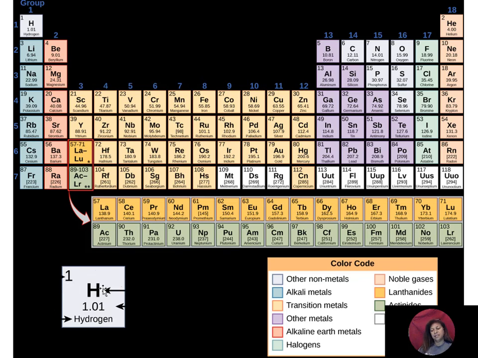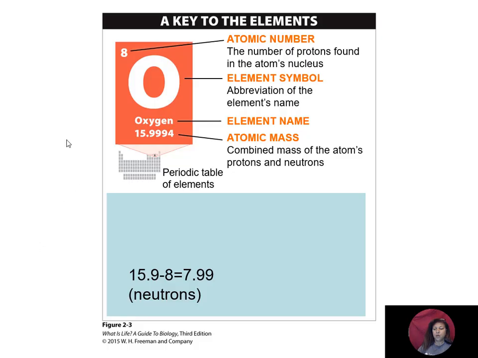It has a letter, or letters, plural, which connote the name of the element. Here, H stands for hydrogen. It has a number up here and a number down here. We're going to look at what these numbers mean. Okay. When we look here at oxygen, again, O for oxygen, there's a number here at the top, and it's the atomic number, and that is the number of protons.